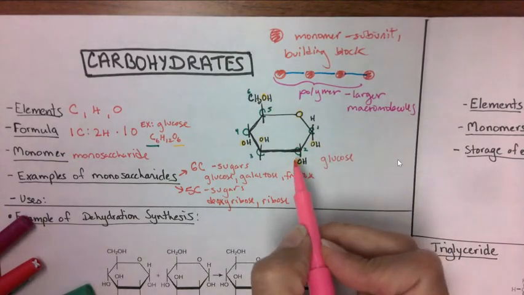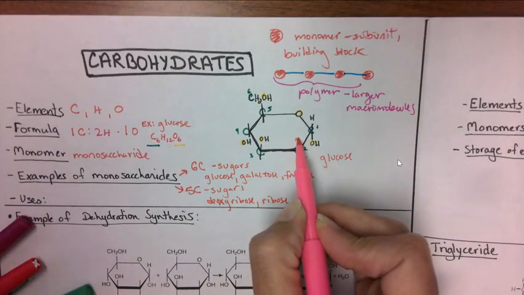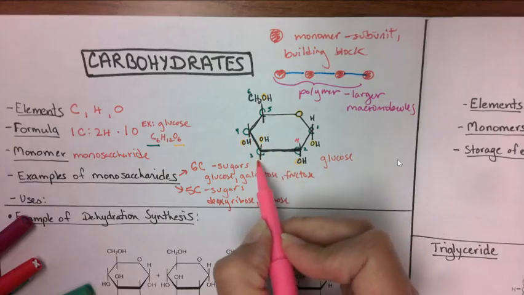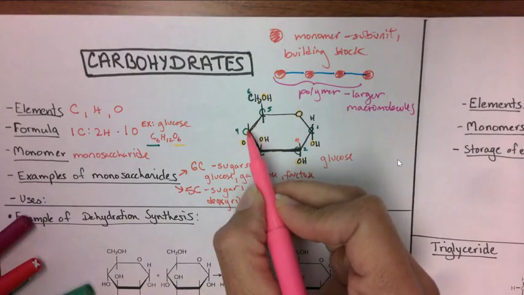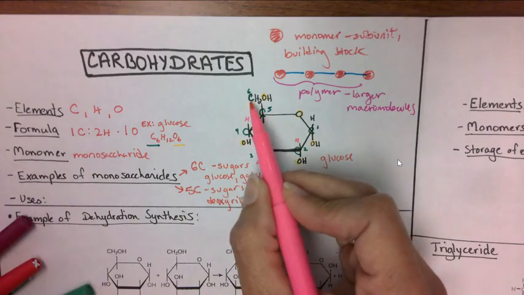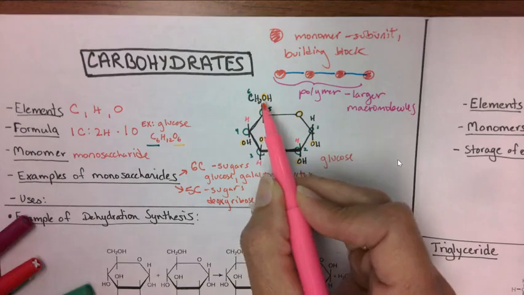So this carbon is attached to 1, 2, 3, 4 things. That one's done. This carbon is attached to 1, 2, 3 things. So this has to be a hydrogen. This carbon is attached to 1, 2, 3 things. So we're missing a hydrogen here. This carbon is attached to 1, 2, 3 things. So we're missing a hydrogen here. And finally, this carbon is attached to 4 things: this carbon, 2 hydrogens, and an oxygen. So it's set.